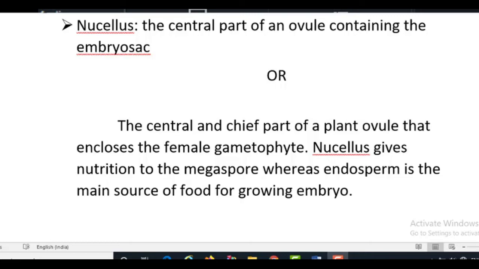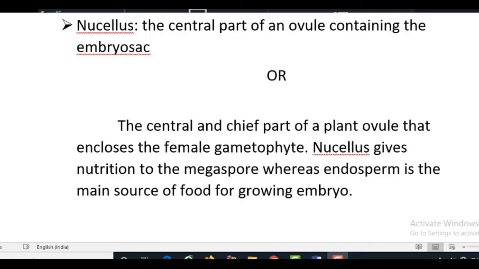Clear? Next sentence. Nucellus gives nutrition to the megaspore, whereas endosperm is the main source of food for the growing embryo.